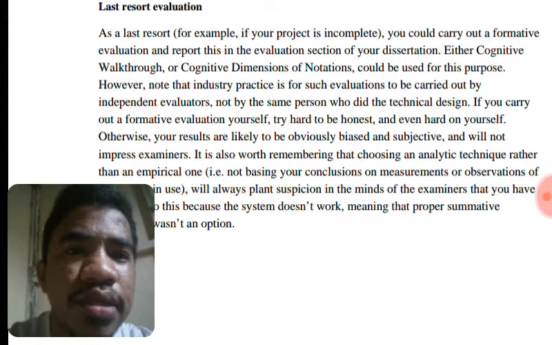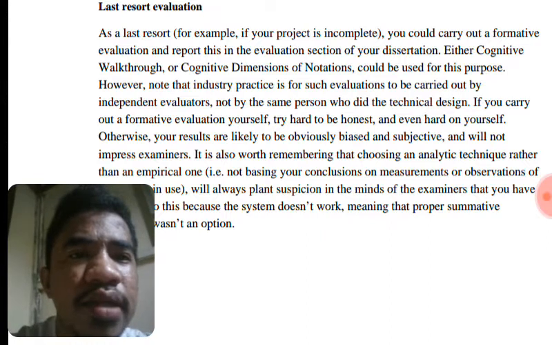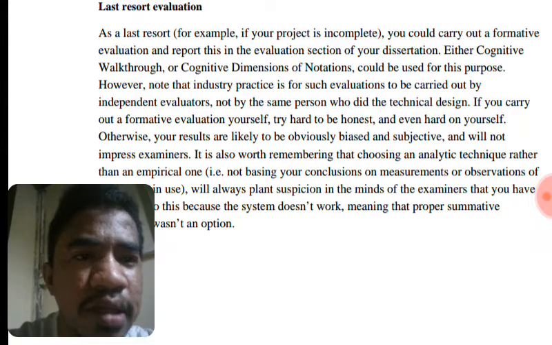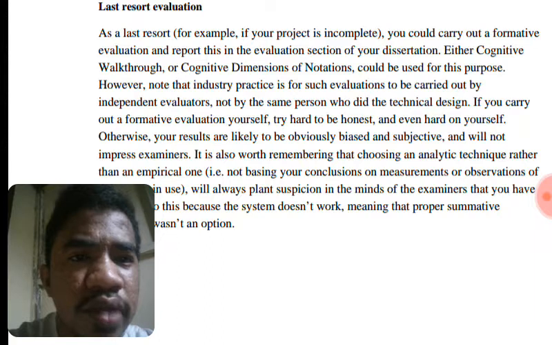Last resort evaluation. As a last resort, for example if your project is incomplete, you could carry out a formative evaluation and report this in the evaluation section of your dissertation. Either cognitive walkthrough or cognitive dimensions of notation could be used for this purpose.